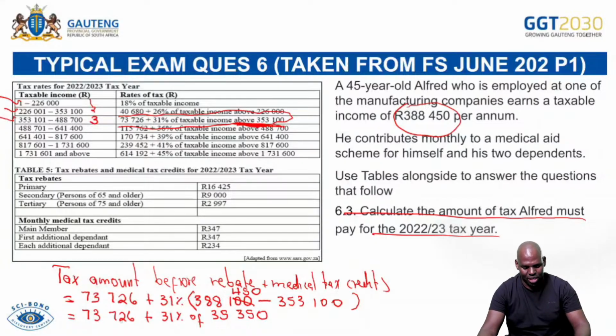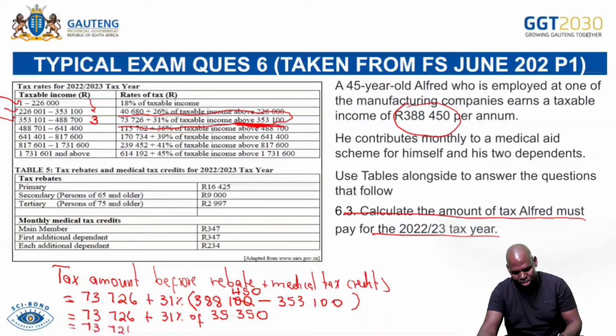So I've got 73,726 rand plus 31% of 35,350. I know some of you will change 31% to 0.31 or say 31 over 100, it doesn't matter. So 31 over 100 gives 0.31, and then I multiply by 35,350.